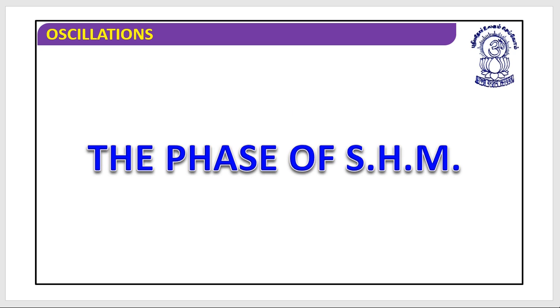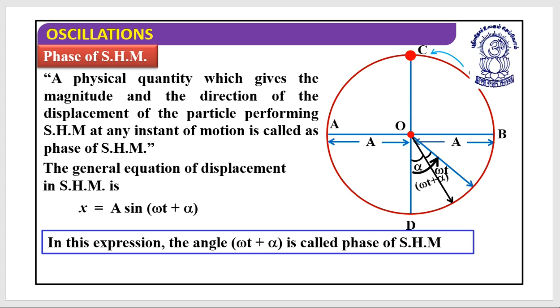Phase of simple harmonic motion. Let's have a look at what phase of SHM is. Phase is the physical quantity which gives the magnitude and the direction of the displacement of the particle performing SHM at any instant of motion. That is what we call the phase of an SHM.